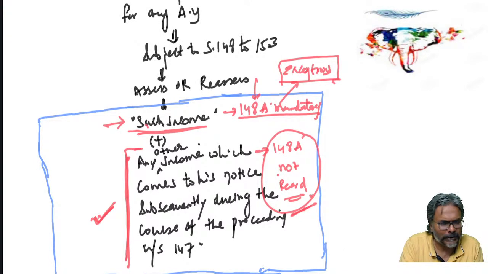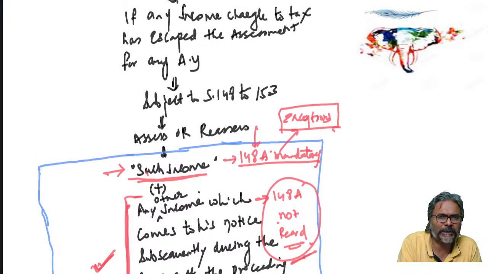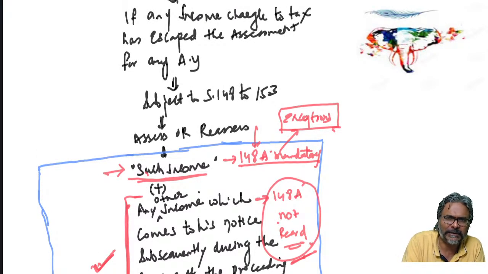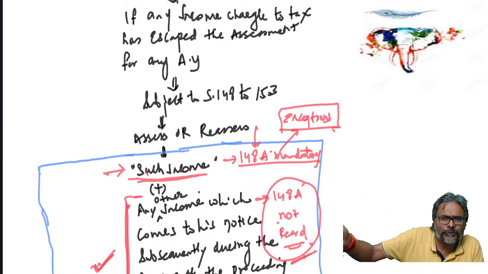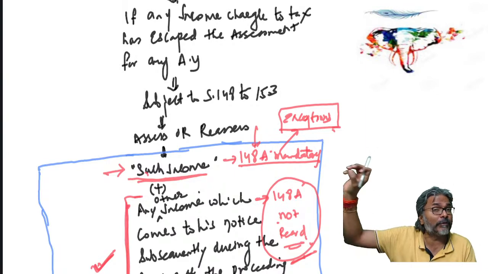What are those cases where section 148A is not required? As I told you, there are certain exceptions to this principle, and in these cases you will not be required to give the opportunity to the assessee, that inquiry and opportunity which has to be given before you start 147.